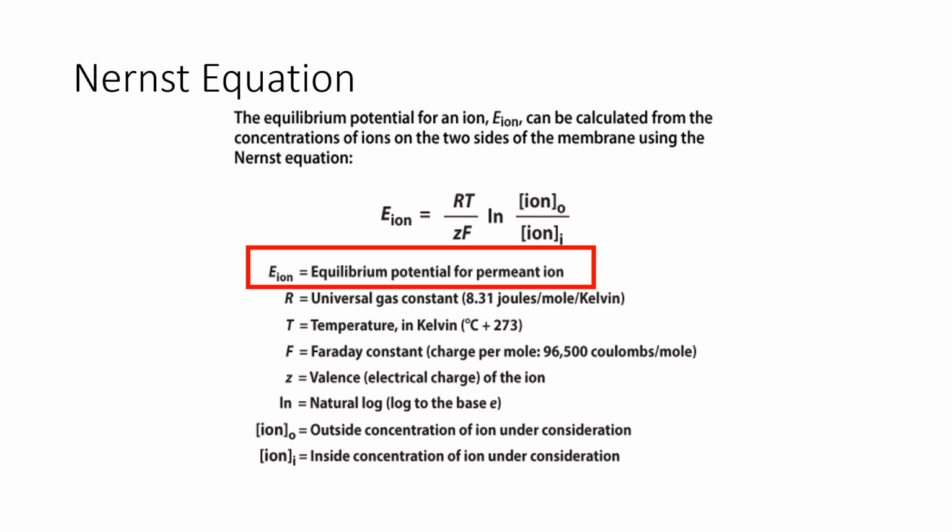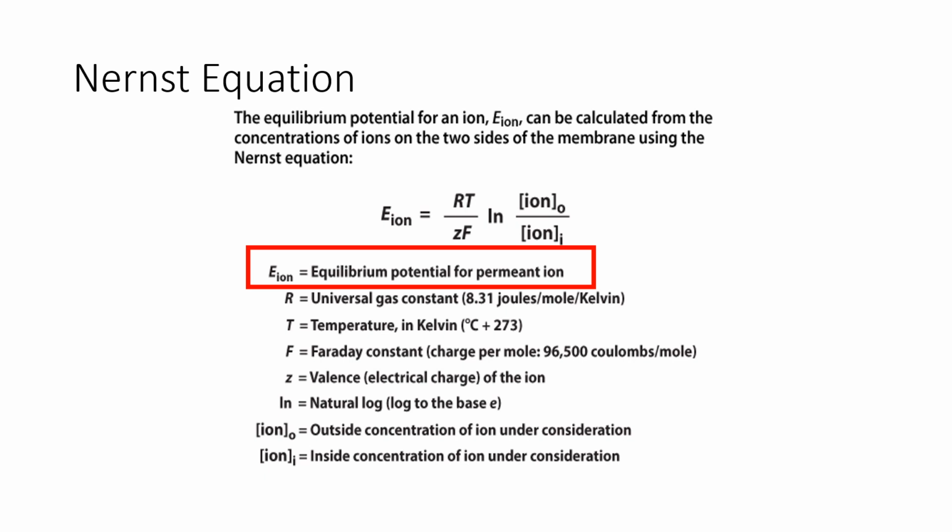As I said, the equilibrium potential for any ion is calculated by the Nernst equation. Here we have the equation in which the equilibrium potential for a permeant ion is given by RT over ZF times log of ion outside over ion inside.